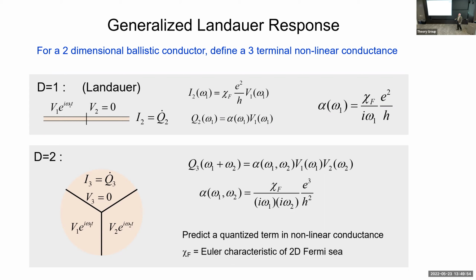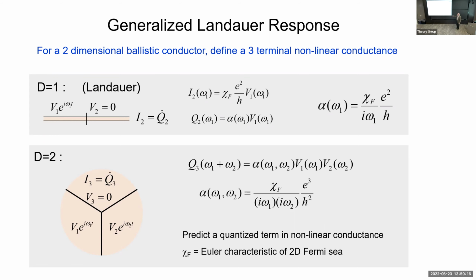Okay, and so what I want to try to argue to you is that a generalization of that is so: in 1 dimension, I divide my system into 2 regions and apply voltages across them. Now I want to divide my system into 3 regions, and apply voltages to 2 of them and measure the current in a third.